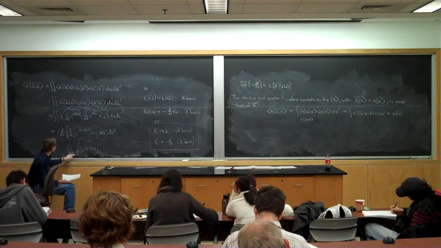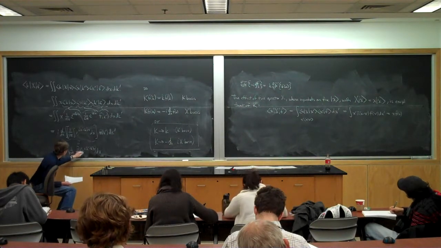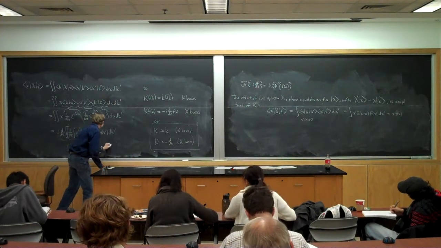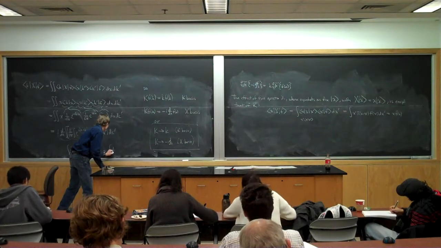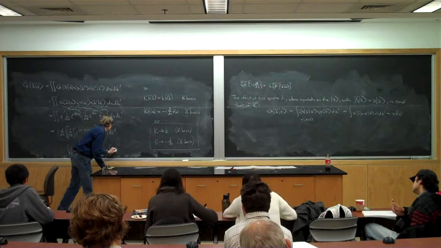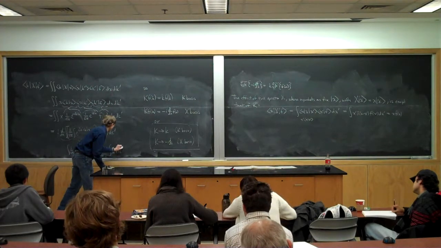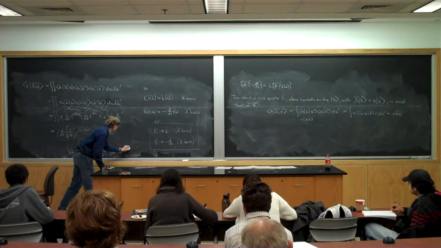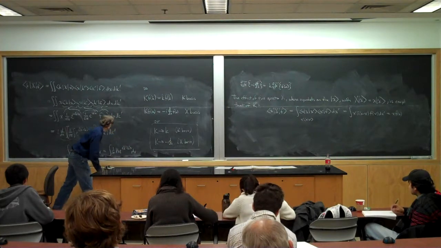So this derivative then becomes 1 over 2 pi times minus i x e to the i (k prime minus k) x dx.